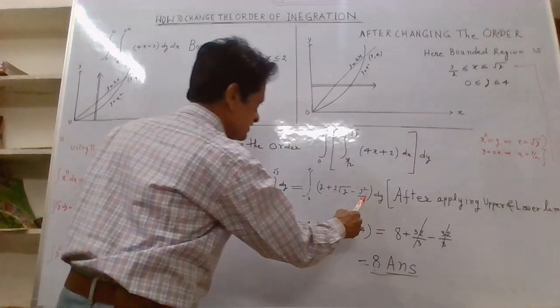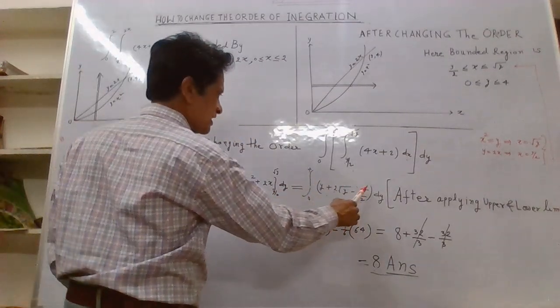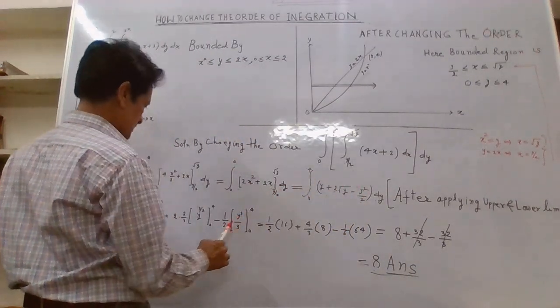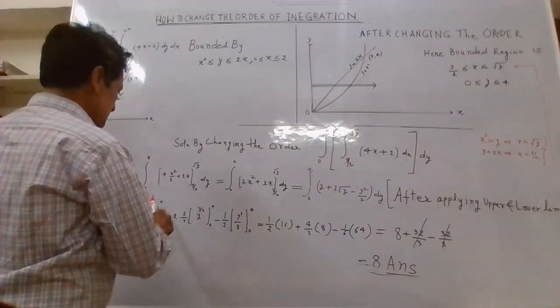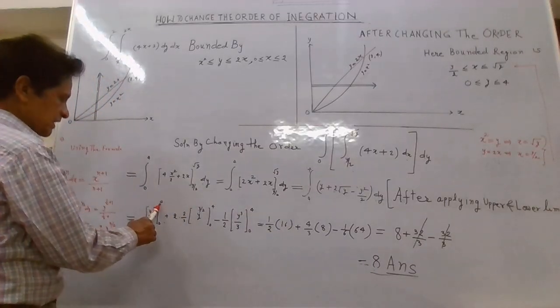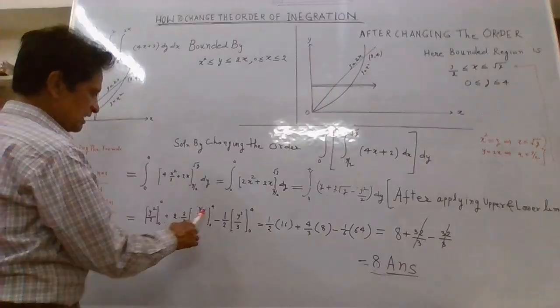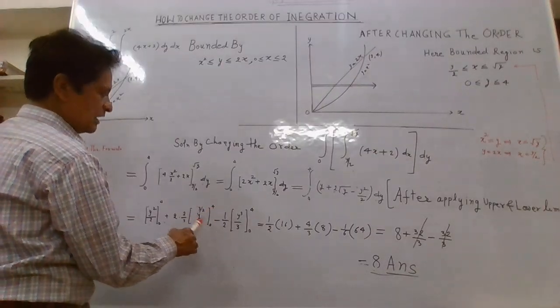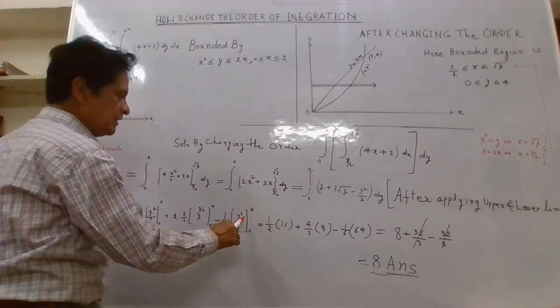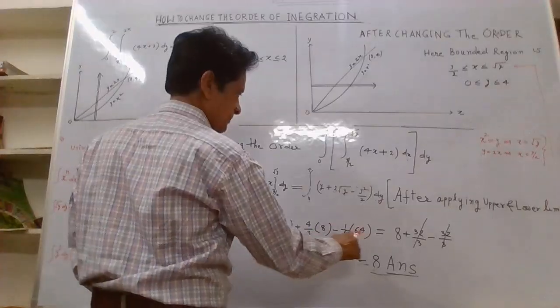Then for the integral of y square by 2, 1 by 2 is outside and the integral of y square is y cube upon 3. In all three parts, we substitute the limits: upper limit 4 for y, then minus the lower limit. After simplifying, we get this part.